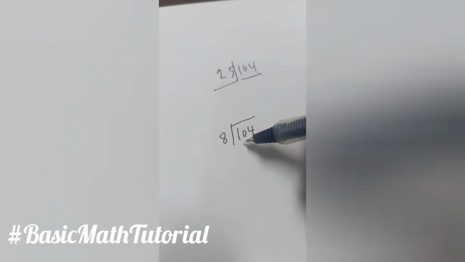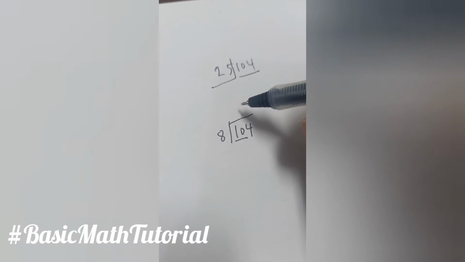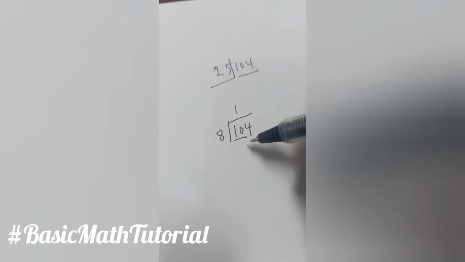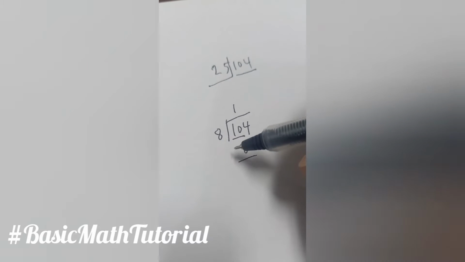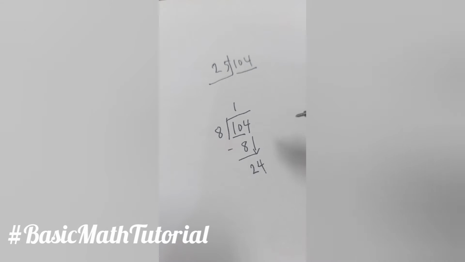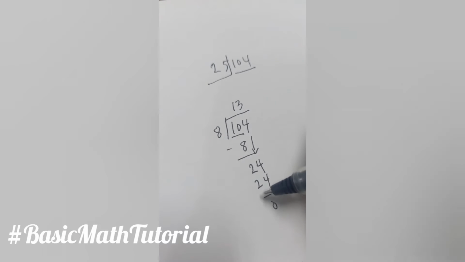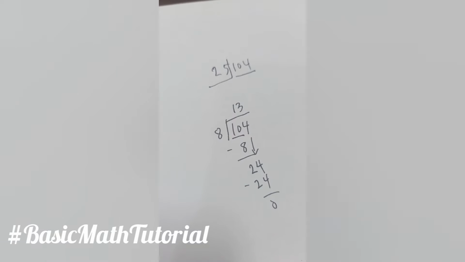Since 1 cannot be divided by 8, let us consider the number 10. 10 divided by 8 is 1, and 1 times 8 is 8. Then we subtract, we have 2, then we bring down the number 4. So 24 divided by 8 is equal to 3. 3 times 8 is 24, so the remainder is 0. Meaning to say, 104 is a multiple of 8.